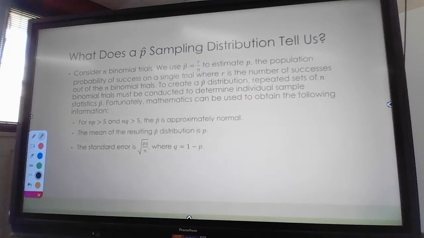Fortunately, we can use math to obtain the following. If NP and NQ are both greater than 5, then the P hat distribution is approximately normal, which means we can use the standard normal table. We can use normal CDF if we need to. The mean is the probability of success, and the standard error is, again, P times Q divided by N, then the square root of that.